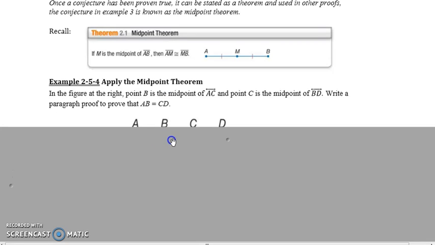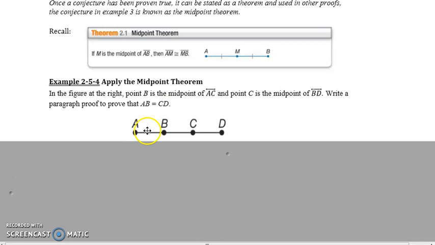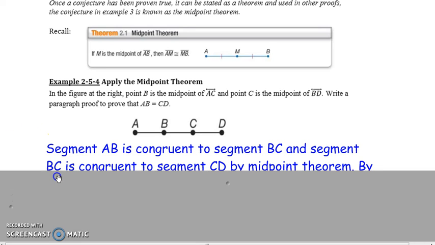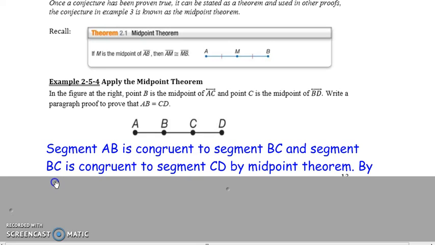So let's take a look at this last example, a paragraph proof, starting out with B is the midpoint of line AC, and point C is the midpoint of line BD. So let's write a paragraph proof. Well, we can use what we just did up above. So that's what we're going to start with. Segment AB is congruent to segment BC, and segment BC is congruent to segment CD by the midpoint theorem.